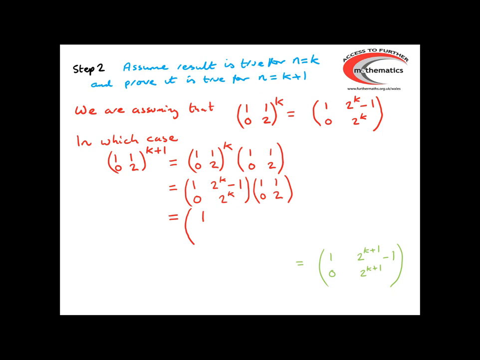Performing the matrix multiplication, first thing we've got is 1 times 1 plus (2^k - 1) times 0, and that just gives me 1. Now moving to the top right-hand corner, we have got 1 times 1 plus (2^k - 1) times 2. Moving to the bottom left-hand corner, we've got 0 times 1 plus 2^k times 0, which is most certainly 0. And moving to the bottom right-hand corner, we've got 0 times 1 plus 2^k times 2.